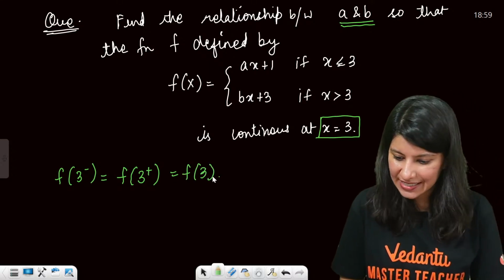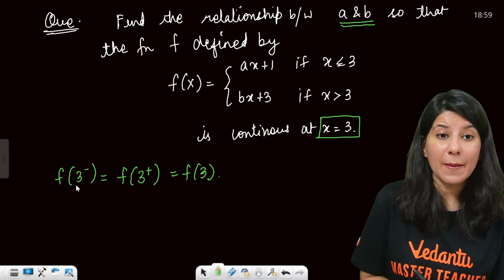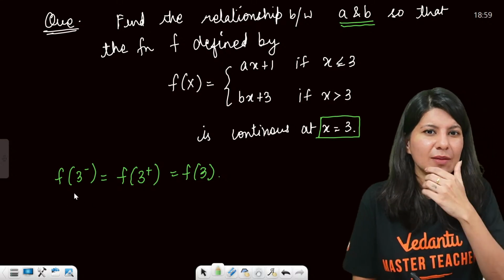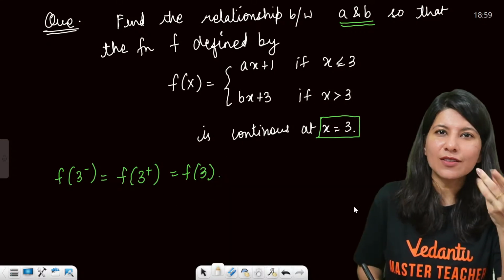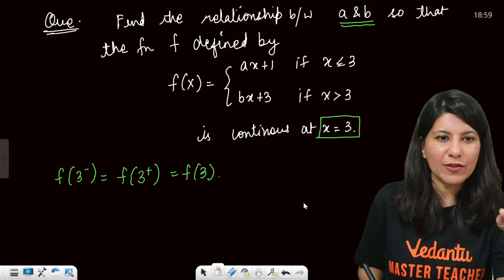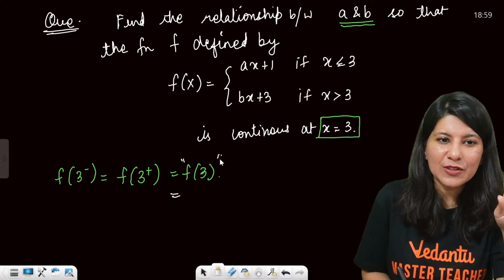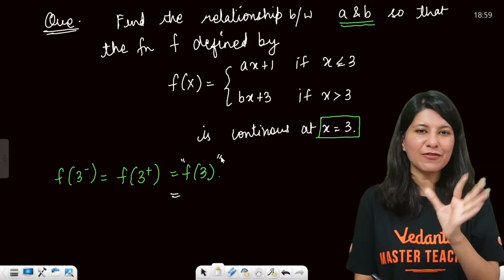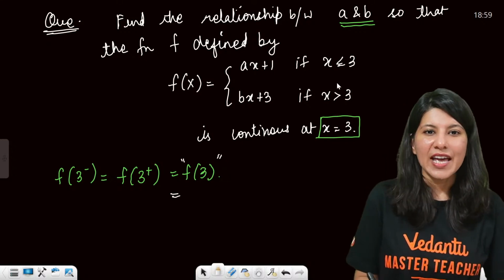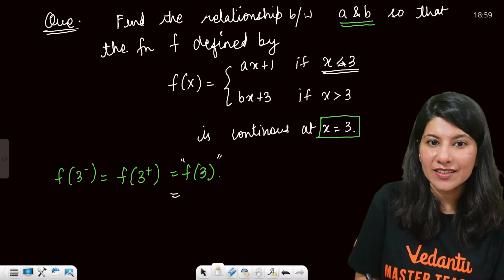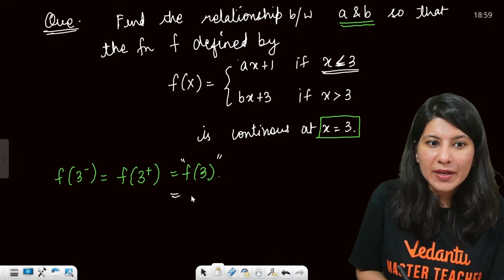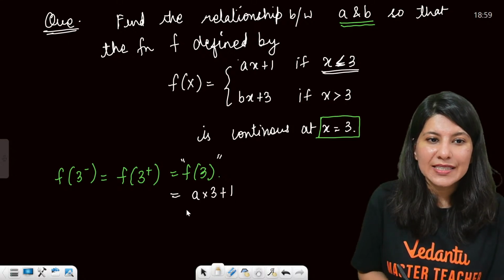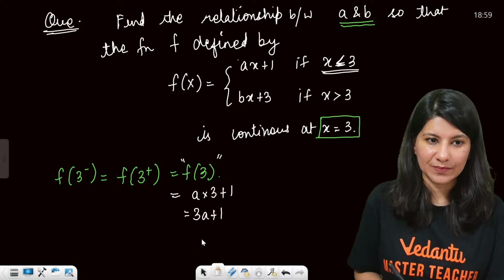I always focus on f of 3 first. Since x is less than or equal to 3, f of 3 will become a into 3 plus 1, so basically 3a plus 1.